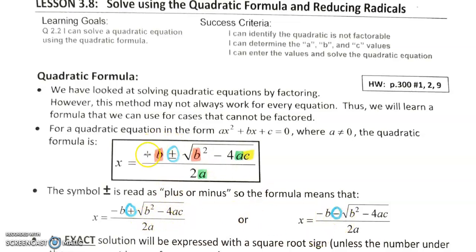One where you run through the formula but only focus on the plus: negative b plus the square root of b squared minus 4ac, all over 2a. And another answer where you focus on the minus: negative b minus the square root of b squared minus 4ac, all over 2a. So you get two different answers. Alright, so that's the rundown of how to use it. Why don't we actually go through some examples?